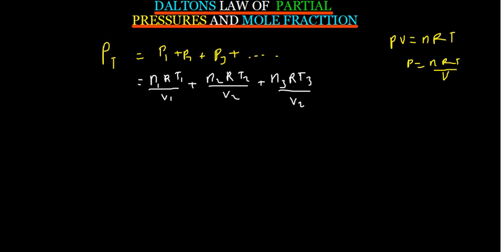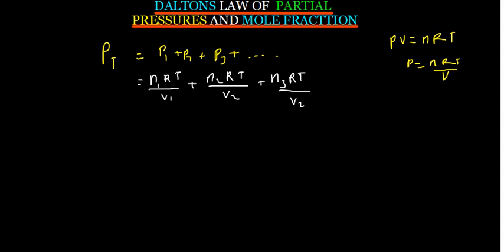So this is what we are going to have. If we take this to be at constant temperature, because we're only talking about the pressure of a gas inside a container, then the temperature is going to be constant. So for the temperature, I'm going to remove the 1, the 2, and the 3, since the temperature is constant in the container.